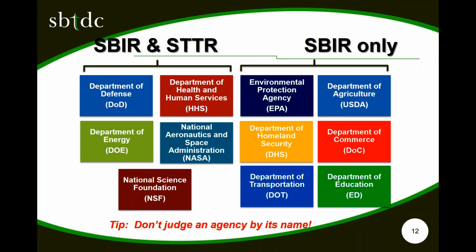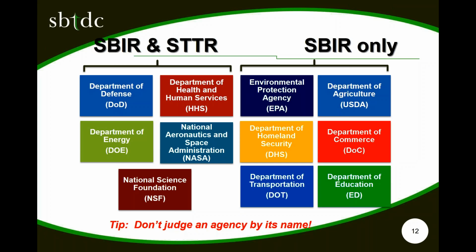So as you're thinking about which of these agencies might have the most interest in what you're doing, don't judge the agency simply based on its name. You would be very, very surprised at the array of interests within the Department of Defense.